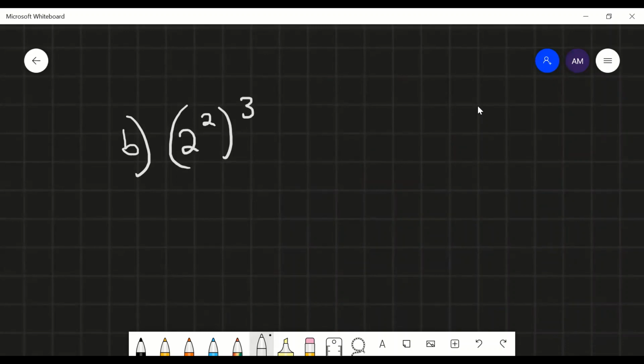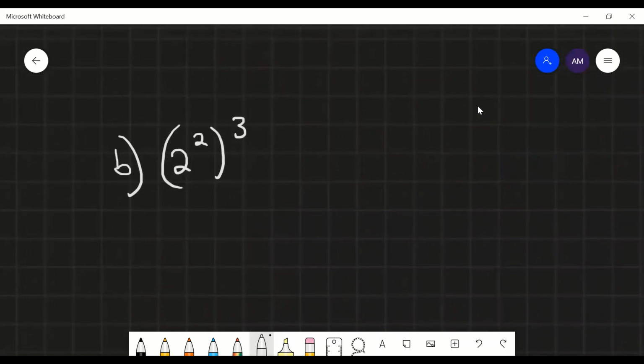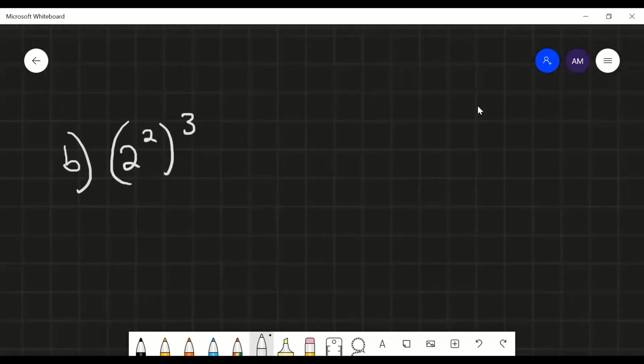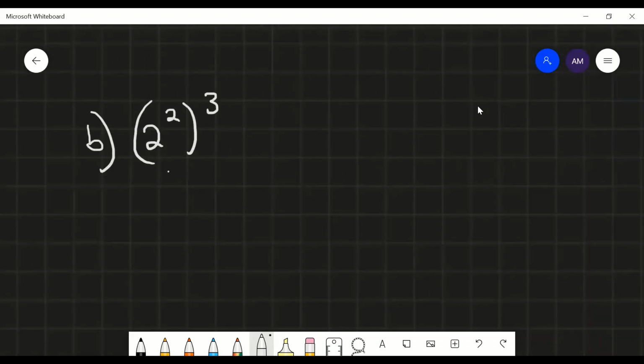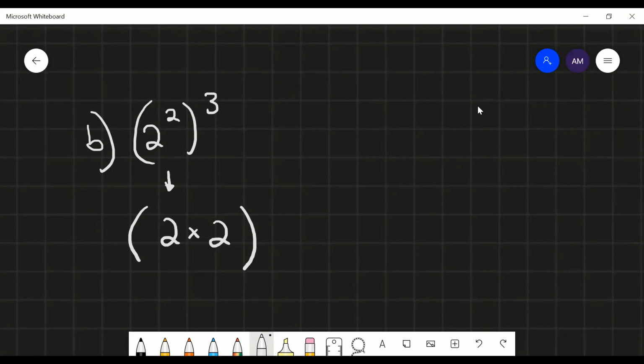So with these brackets, we have to consider the order of operations. So inside of the brackets, for example, 2 to the power of 2 is like 2 times 2. And the entire bracket is raised to the power of 3.